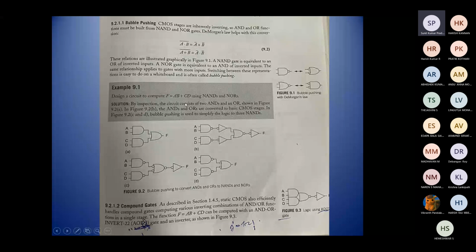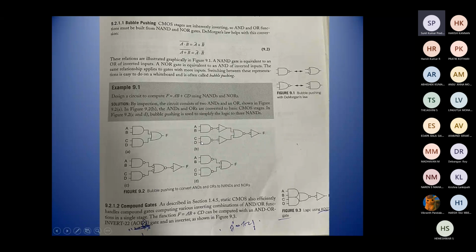What we did here, we can do in a similar manner by employing NAND and NOR gates. If you can see here, we get the same output, that means the output is AB plus CD. The only difference is that we use NAND and NOR gates. First we employ the NAND gate with two inputs A and B. Whatever we get at the output is given to the NOT gate.